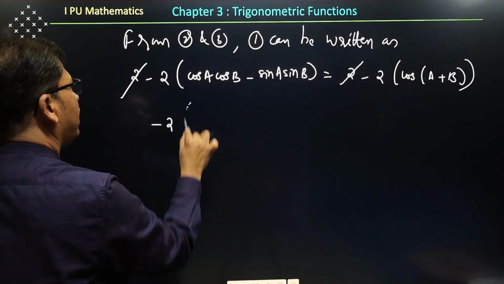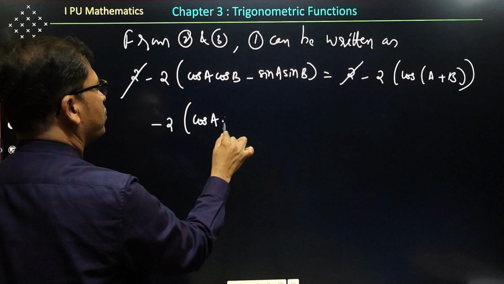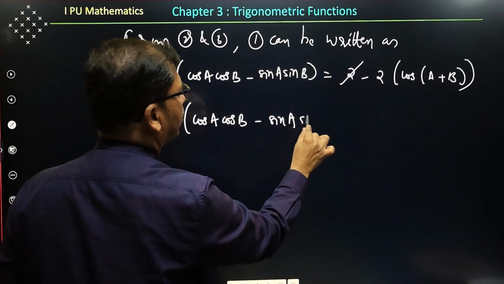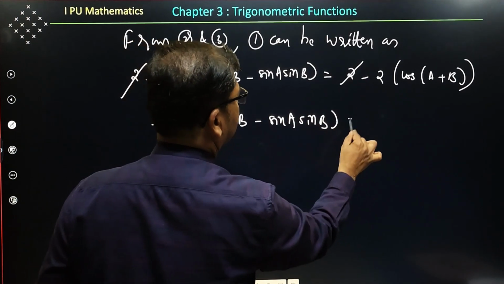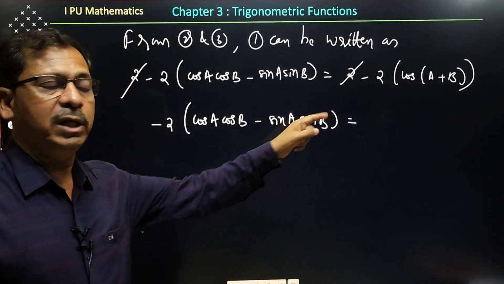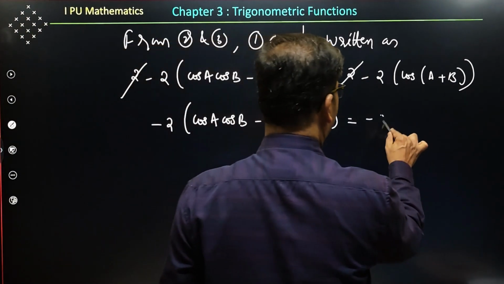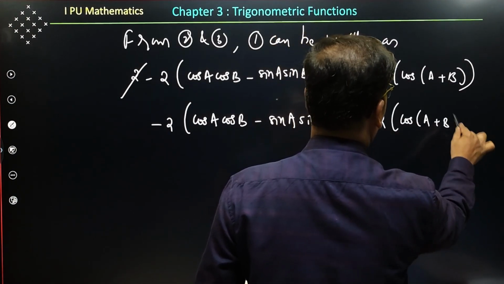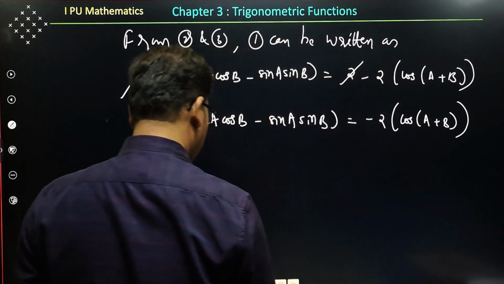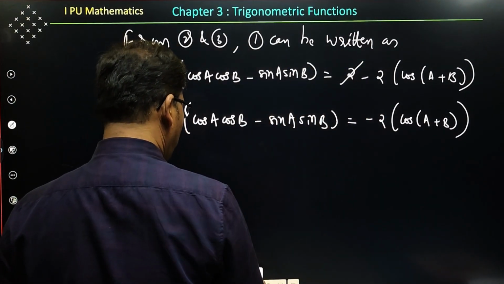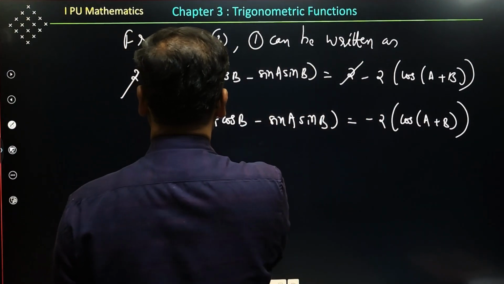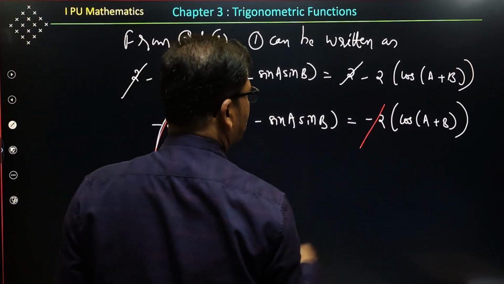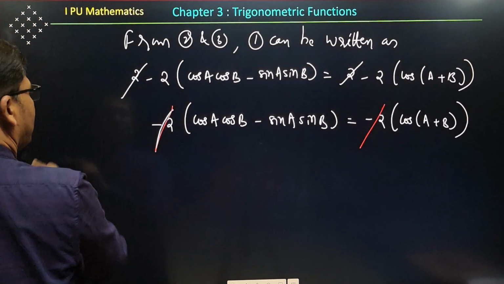Minus 2 into bracket cos A cos B minus sin A sin B. Next, minus 2 into bracket cos of A plus B. See what happens? Now minus 2 and minus 2 can be eliminated directly. What remains?